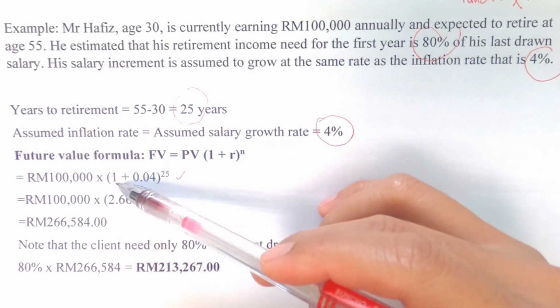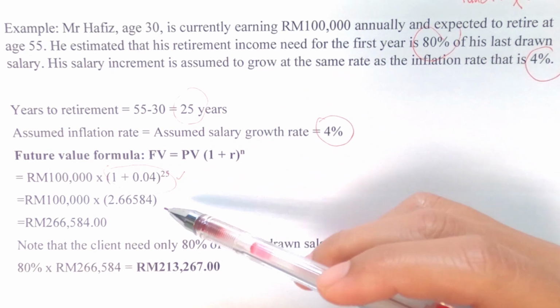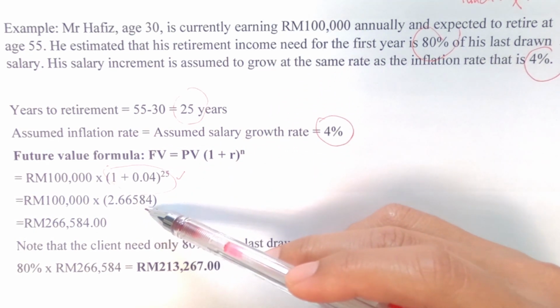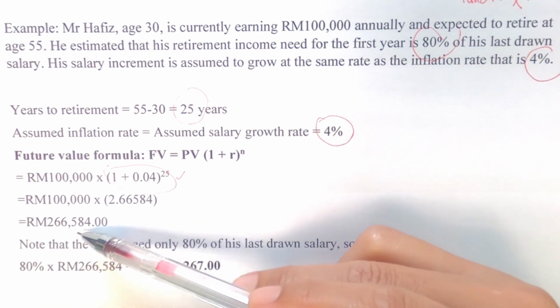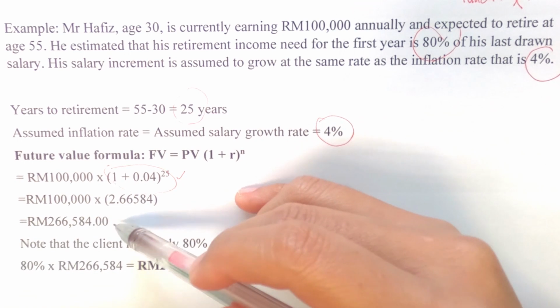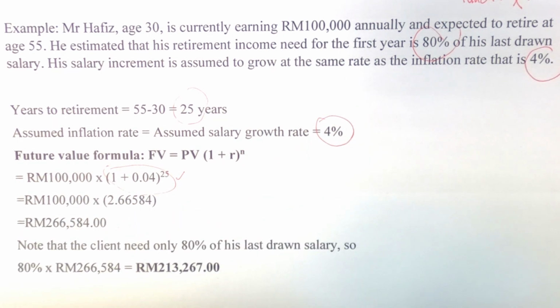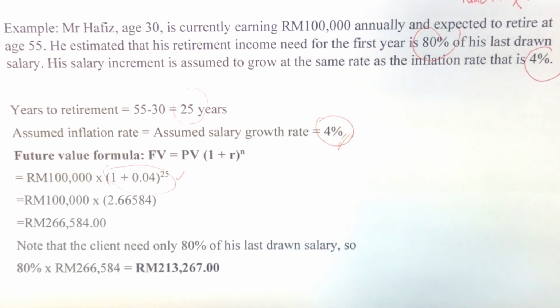So we solve for this part, and we get 2.66584, and the total is 266,584.00. So this is actually the future value amount of the current earning of Mr. Hafiz by taking into account the inflation rate as well as the growth rate of 4%.